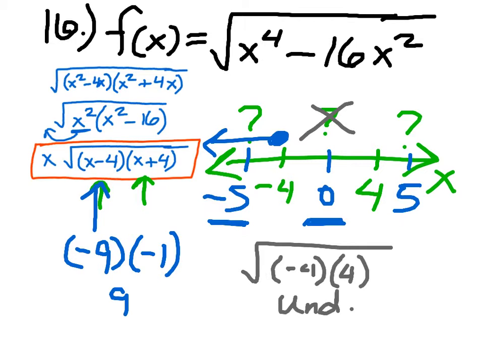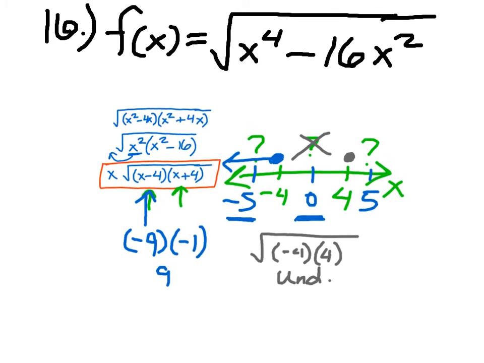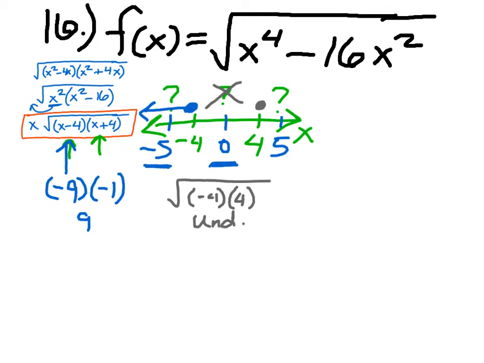Let's try 5. By the way, I already know that 4 is going to work because it produces 0, and the square root of 0 is 0. So I know 4 works. And I'm suspicious that 5 works too, but let's see with the test point. So, square root of 5 minus 4, which would be 1, times 5 plus 4, which would be 9.